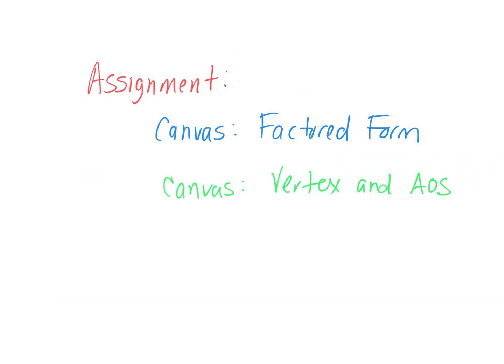Okay, so your assignment is, in Canvas, we have an assignment called factored form. There are 2 questions, very similar to the 2 problems we just did, but you do have to fill in all of the parts of the parabola. Okay, in Canvas, we have a follow-up to yesterday's or Tuesday's assignment, which is finding the vertex and the axis of symmetry.